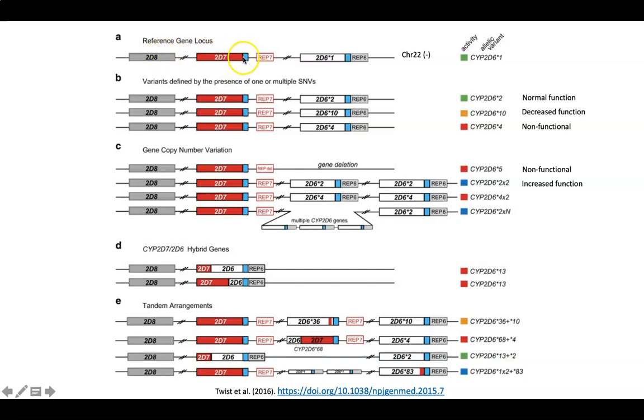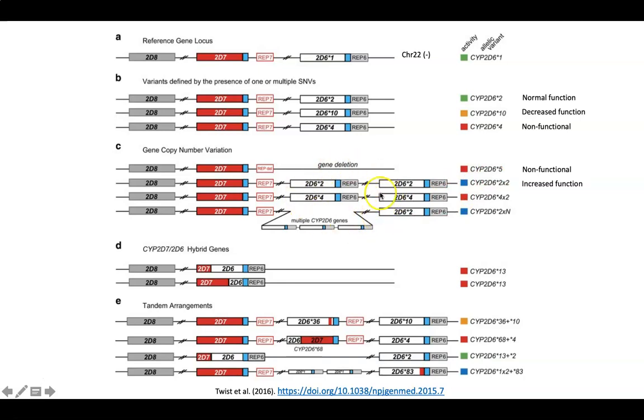There is a 94% homology between CYP2D6 and CYP2D7, and this is responsible for structural variants such as these hybrid genes in part D of the figure and tandem rearrangements in part E of the figure. We also have other variants such as the gene deletion, which is called star5, and the gene duplication.